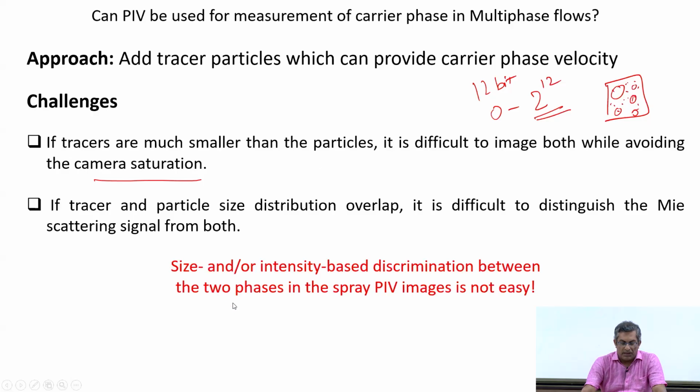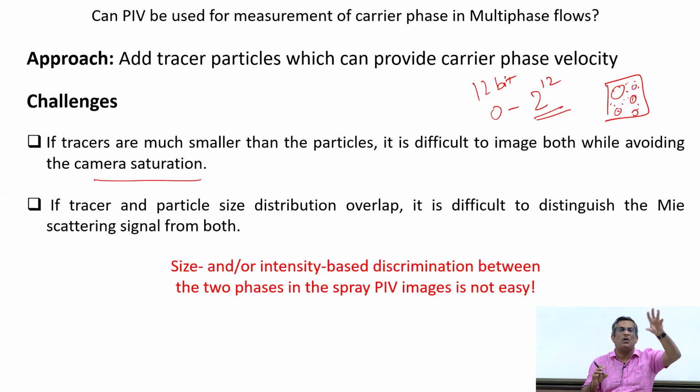Now if we try to do size or intensity based discrimination between the two phases in the spray PIV image, it is not easy. Why is it not easy? If the particle size and seeding particle size nearly overlap.